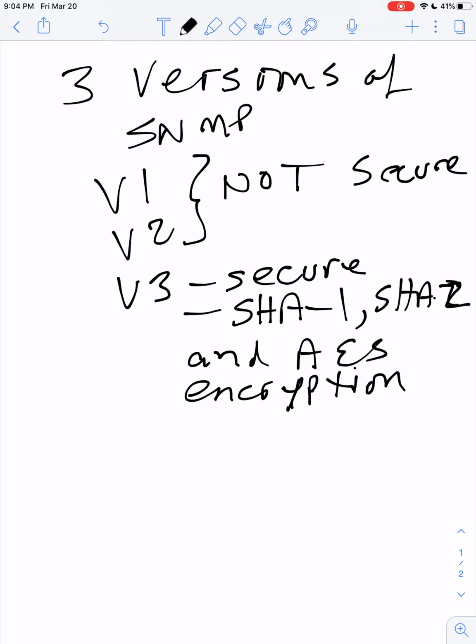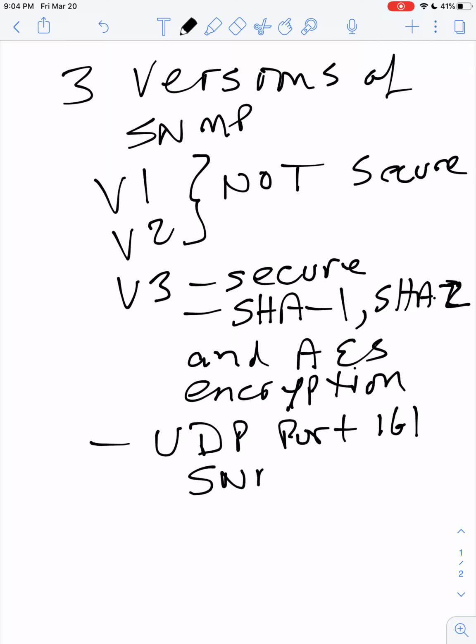There are two different ports that it uses. One is UDP port 161, and this is SNMP. This one is used by a server that will go out and query a device. We use SNMP to query network equipment for performance.